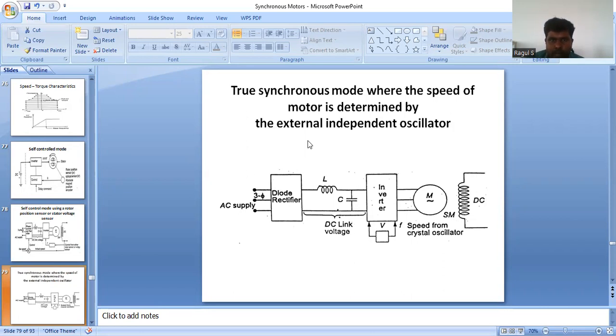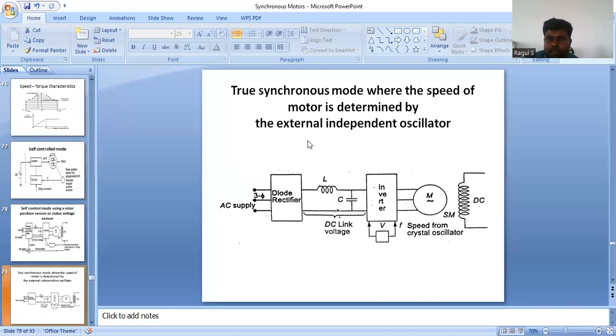Normally the AC is converted to DC through the diode rectifier. Here the DC value is not controlled because the diode is an uncontrolled element. So it just converts fixed AC to fixed DC. We provide a constant output, which we use as the DC link voltage.